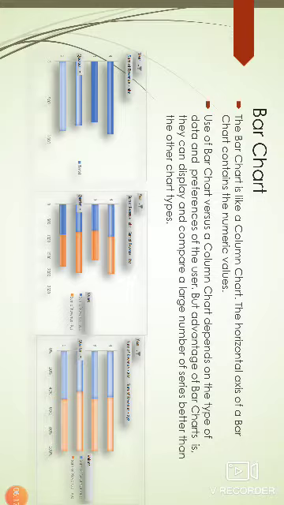Next one, bar chart. The bar chart is like a column chart. The horizontal axis of a bar chart contains the numeric values. Use of bar chart versus a column chart depends on the type of data and preferences of the user.